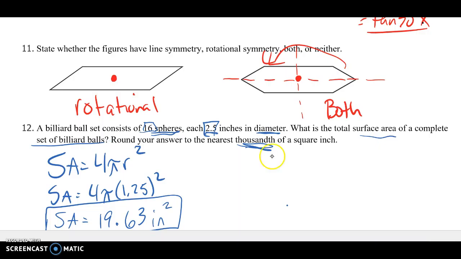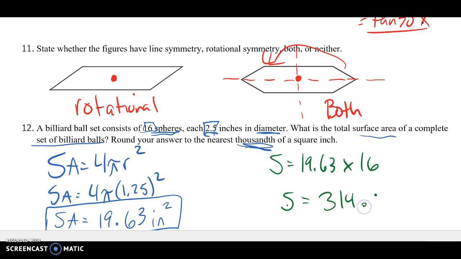For our final answer, the surface area will be 314.08. They wanted it to the thousandth, but it just went to 0.08, so it's exact, so that's okay.